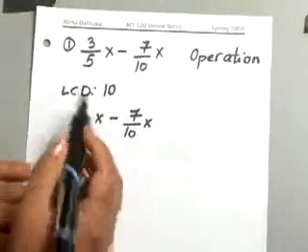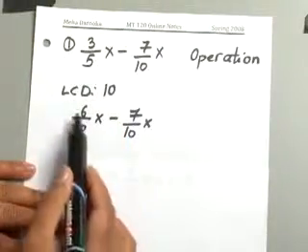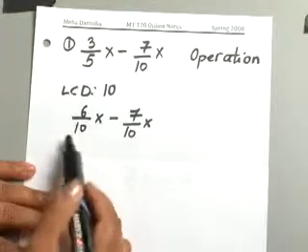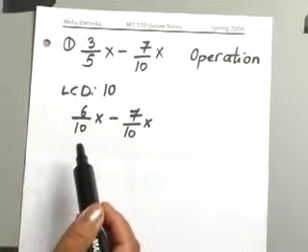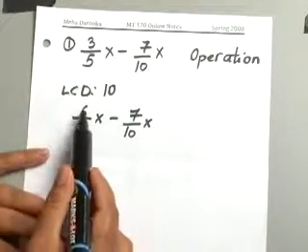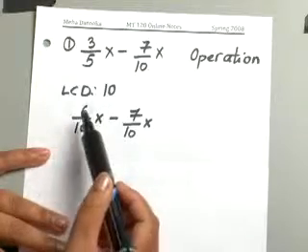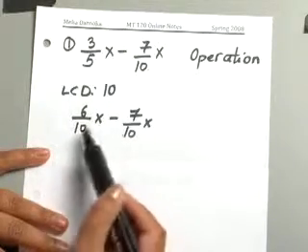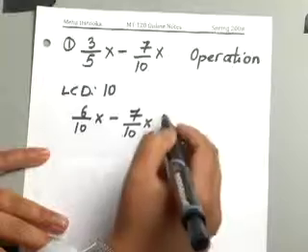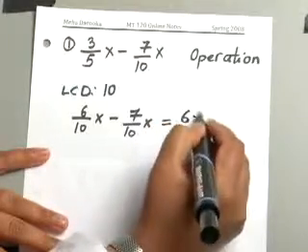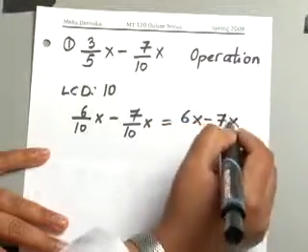So as you can see, all we did was take our first expression and replace it with an equivalent expression. I'm sorry, I keep saying equation. And now you can see both our denominators are 10. So we can go ahead and combine our numerators, or subtract our numerators.